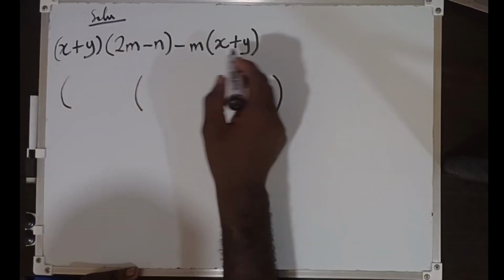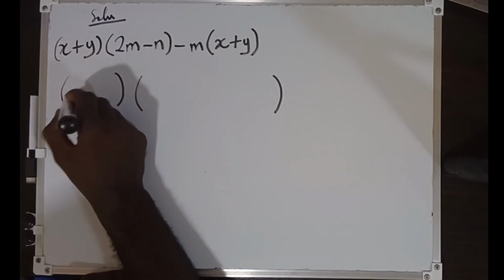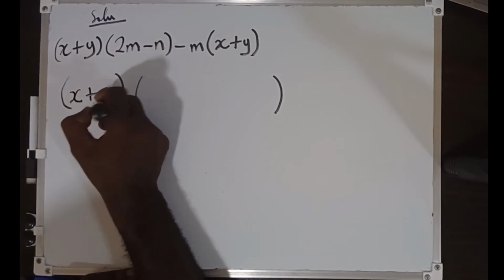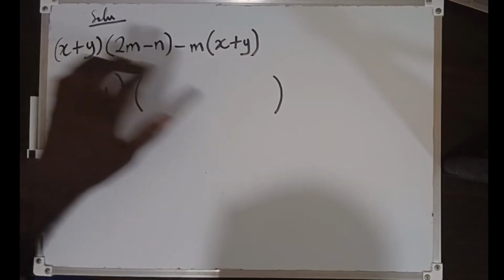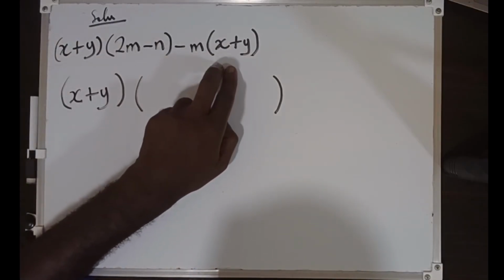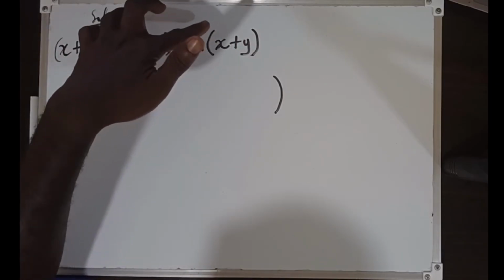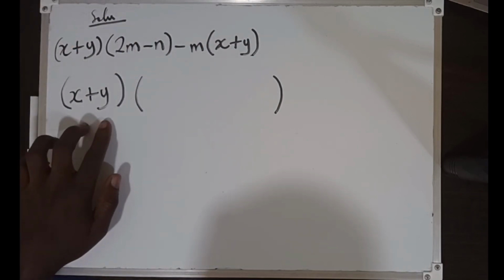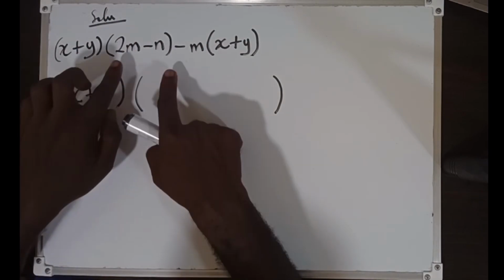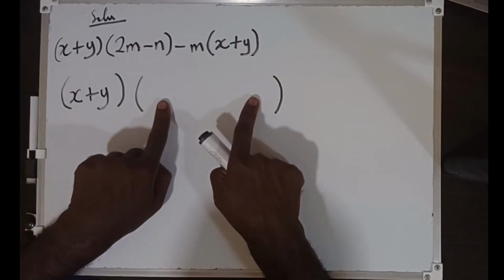But remember, they were already in a bracket. So we have (x + y). There is (x + y) on the left hand side. There is (x + y) on the right hand side of the subtraction symbol. So I have to bring that common term outside of a bracket, and then whatever is left, I write them in that particular bracket.